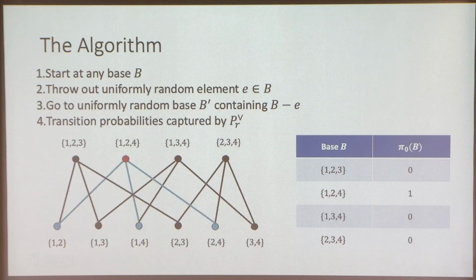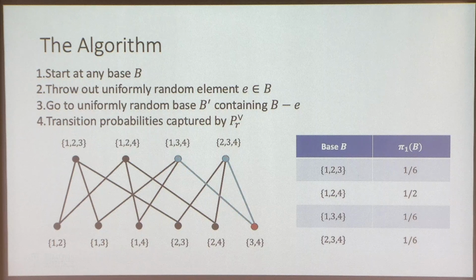Okay? I look at all, I'll call these near bases, so independent sets of size rank minus 1. I look at all near bases that are underneath. I pick a uniformly random one, I transition to it. I pick a base that contains me, I transition to it. And you see that the distribution on possible bases you could be at a given time step is evolving.